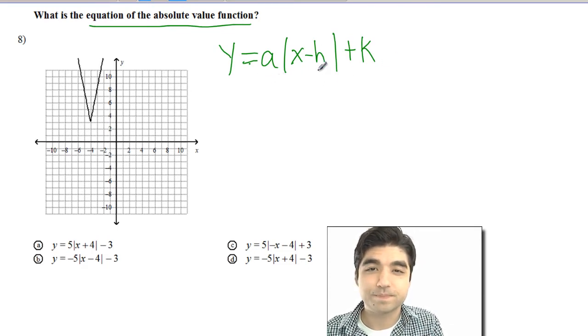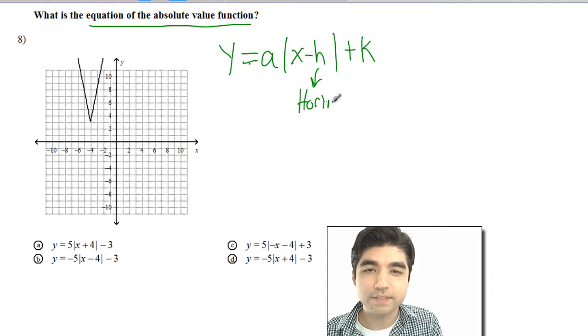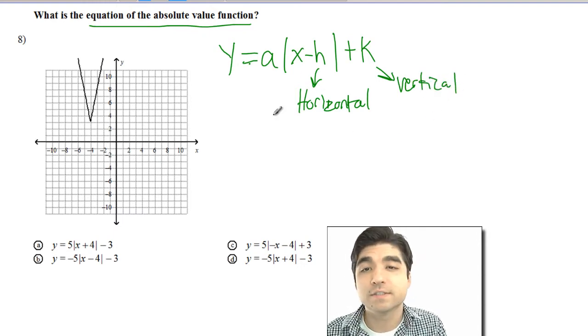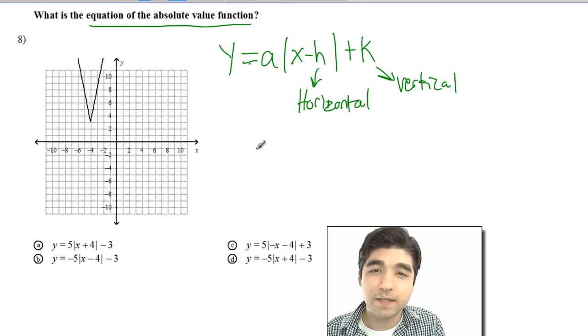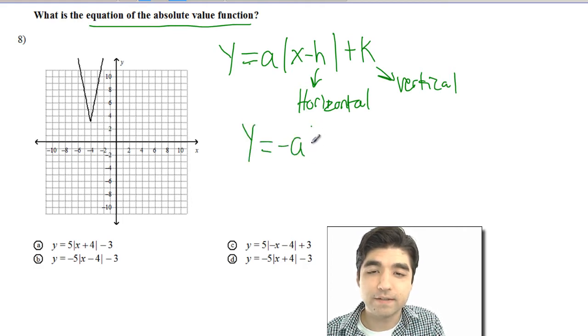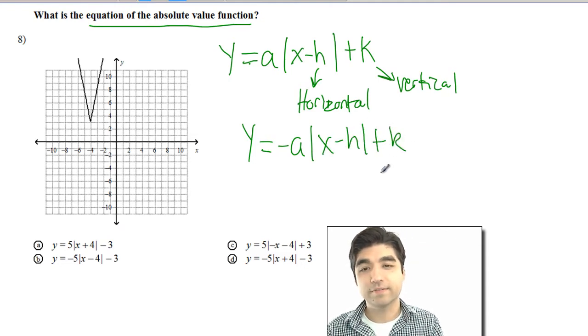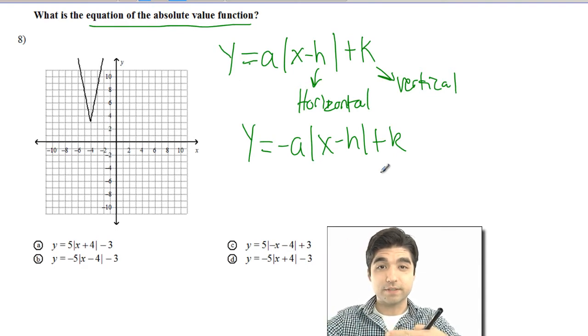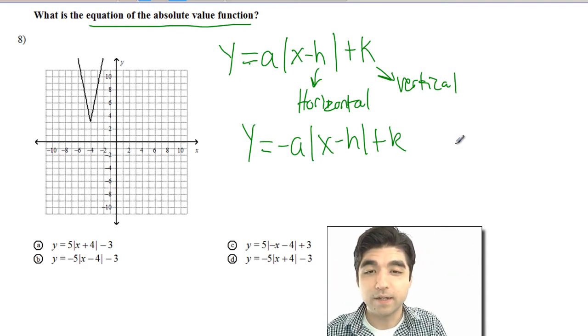One is that the h here controls a horizontal movement, and the k controls vertical. And you should probably know some other things, that if you have, say, a negative a, that's gonna make the graph flip vertically, so it's gonna point down, like this.